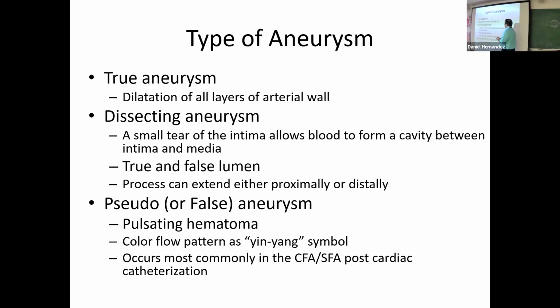A dissecting aneurysm is when we get a small tear in the intima and we get separation between the intimal and medial layers.